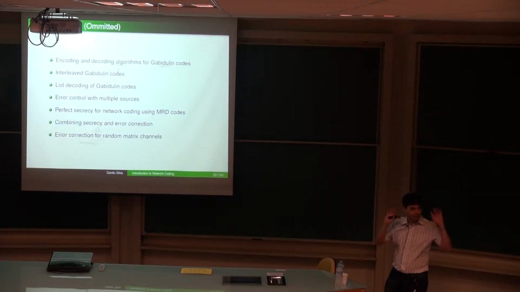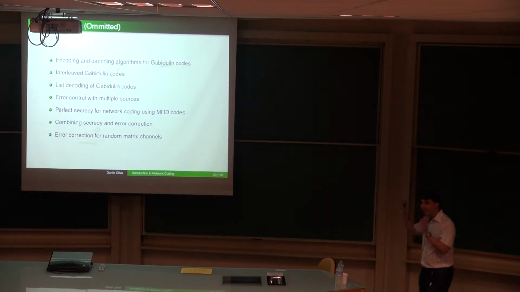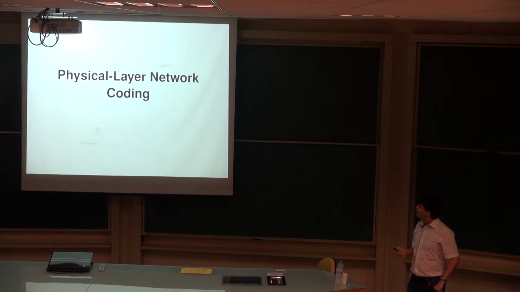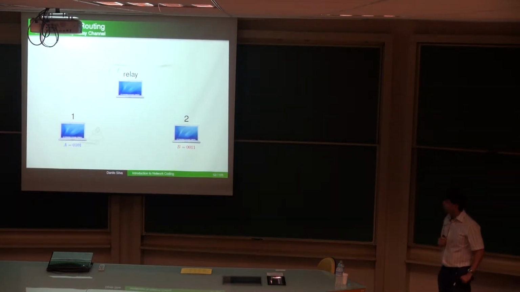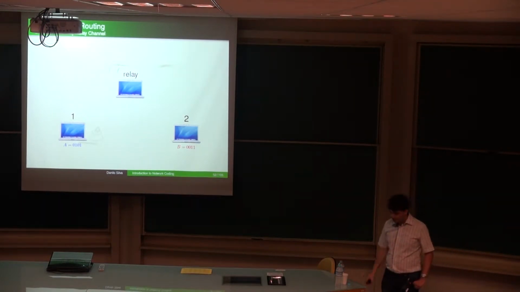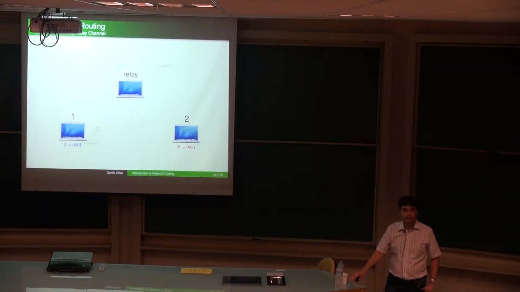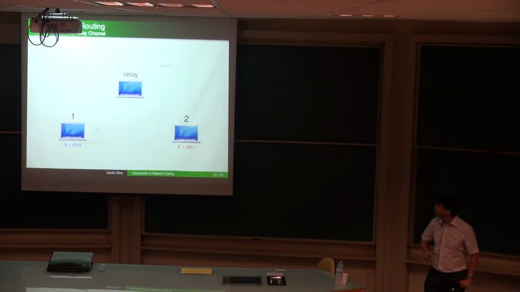So you have to switch in your brain from extension fields to complex numbers and signals and vectors. So let's recap the use of network coding for this two-way relay channel. We have seen this picture before.